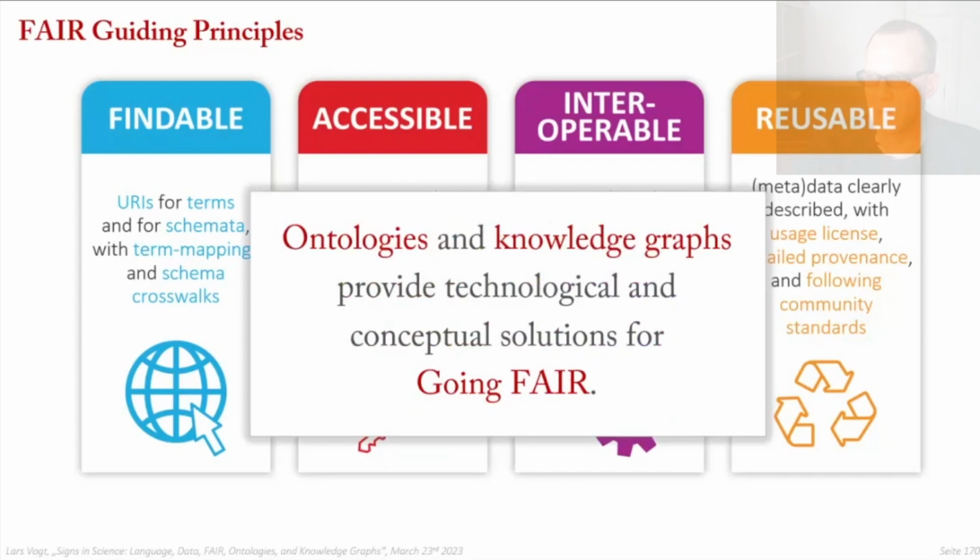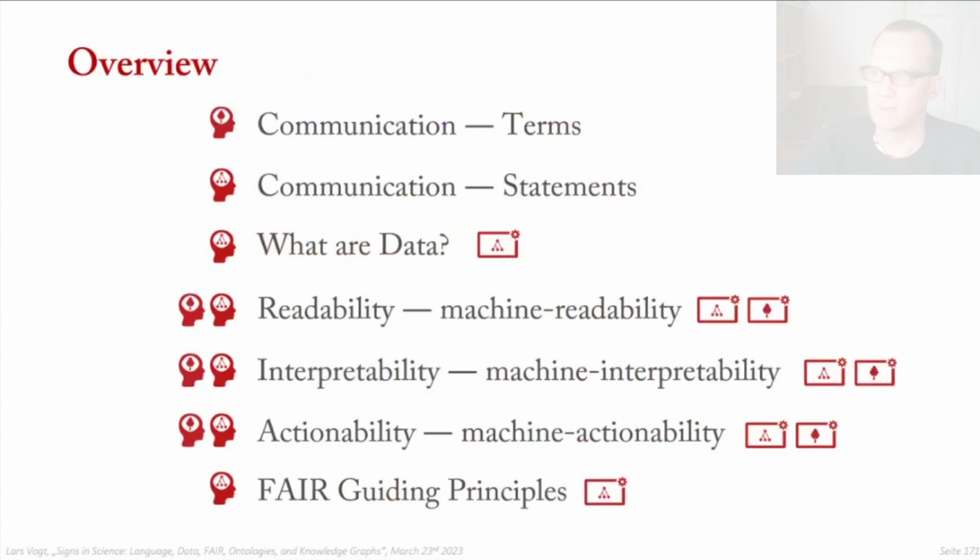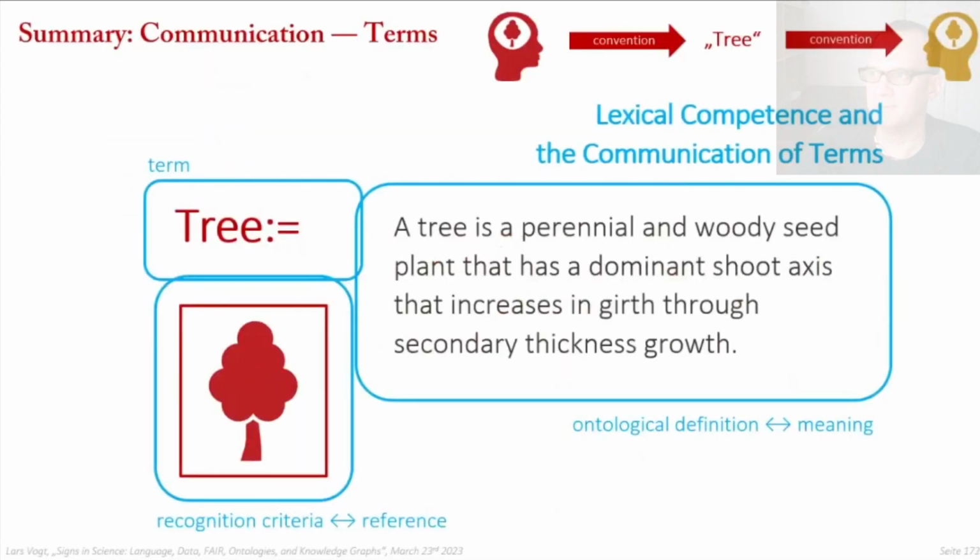So, strategies to come up with workflows that result in FAIR data and metadata. So that's basically it. The summary: we talked about how we communicate as humans, terms, that we need some conventions, we need information, to provide the sender and the receiver with the same lexical competence.